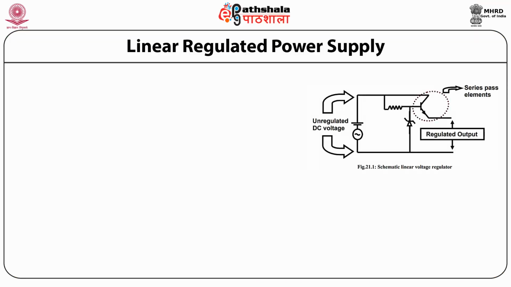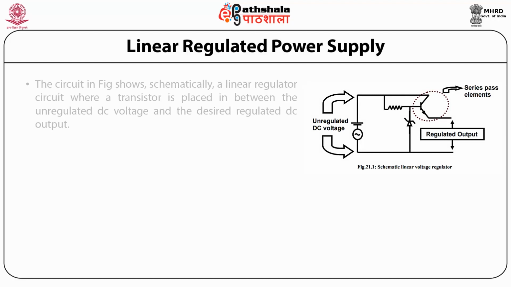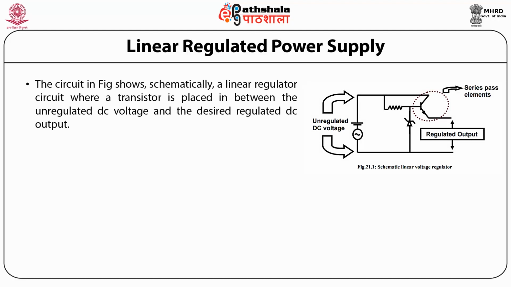Let us now discuss the linear regulated power supply. The circuit shown below schematically represents a linear regulator circuit where a transistor is placed in between the unregulated DC voltage and the desired regulated DC output.